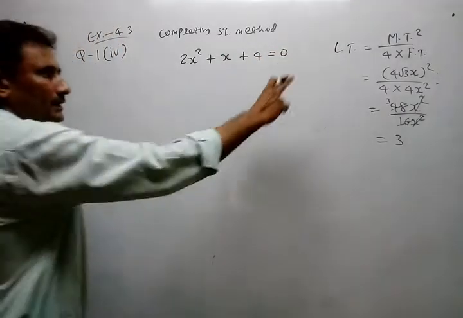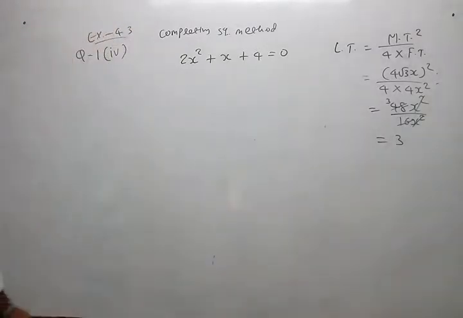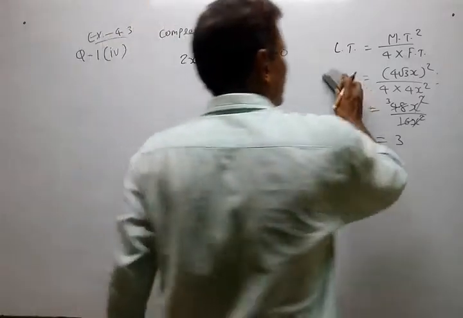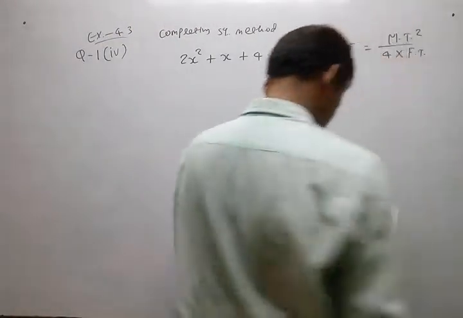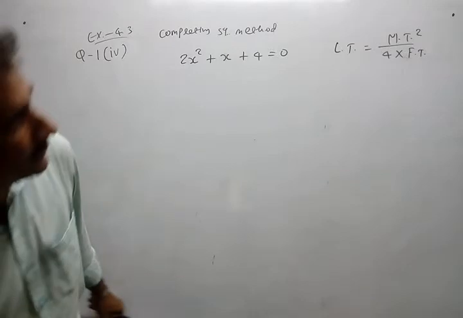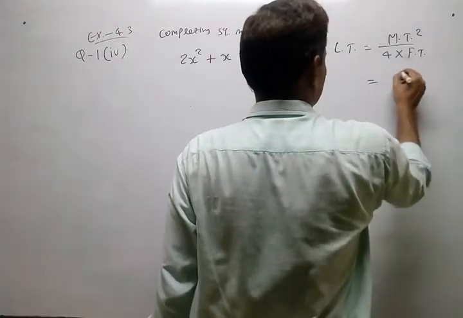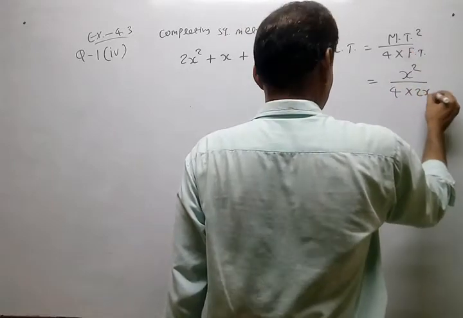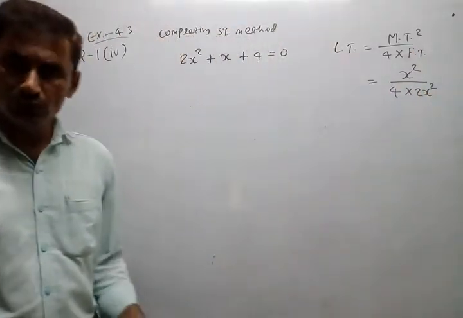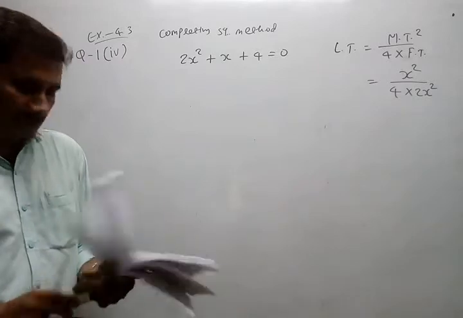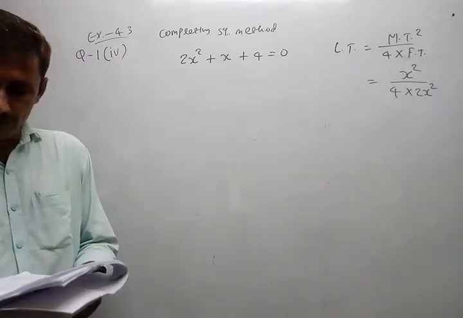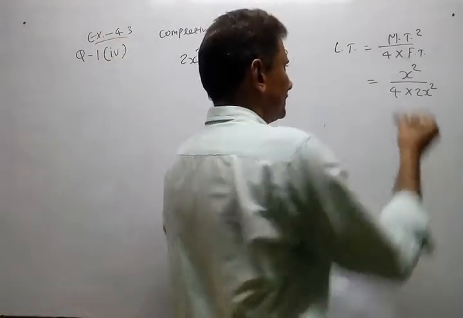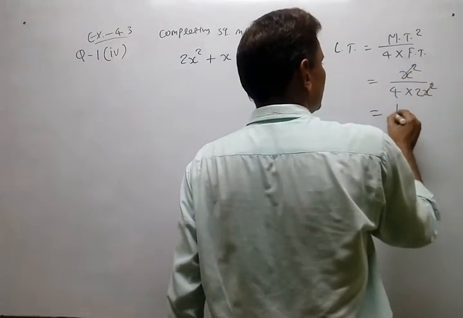According to that method, first of all we cannot know whether it is appropriate or not. The middle term squared, x square, over 4 into 2x square, is just like number 2, but quite different, because here the last term is positive and in number 2 the last term was negative. So this remains the same, only 1 by 8.